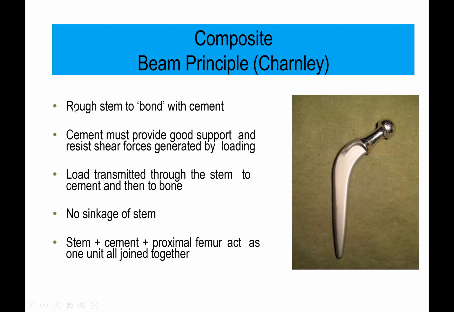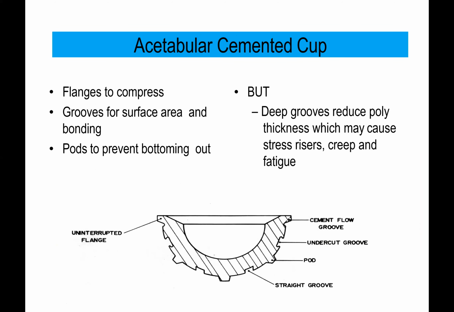You have a stem bonded to bone with cement. Cement must provide good support and resist shear force generated by loading. Load is transmitted through the stem to cement and then to bone. So the stem plus cement plus femur acts as a single unit. Absolutely, there is no subsidence in a Charnley, a composite beam principle.